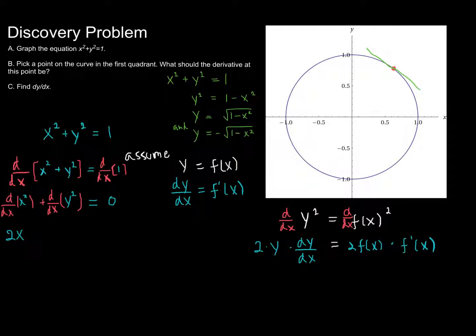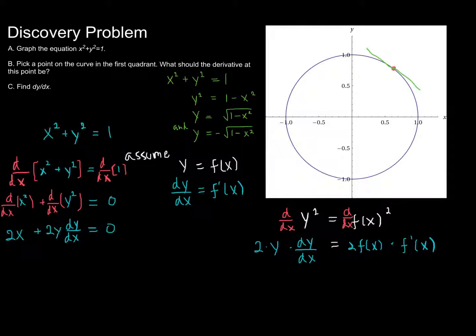And so following the chain rule, we take the derivative of the outside, which is squaring y. And so the derivative of y squared, following the power rule, is 2y. And employing the chain rule, because we still have to take the derivative of the inside function, times dy dx, or the derivative of y with respect to x.